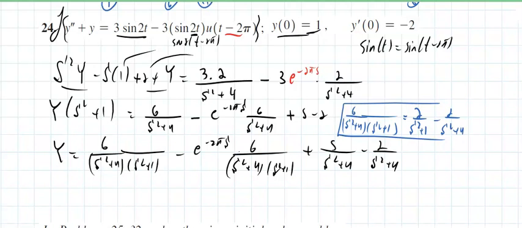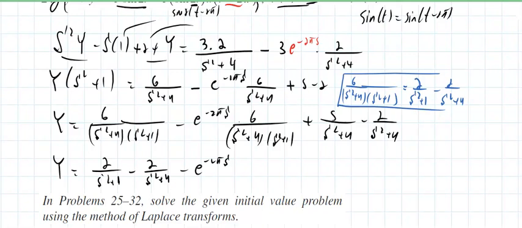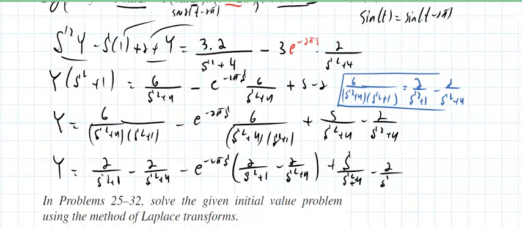So if I plug that in, I'm really looking at Y equals 2 over s squared plus 1 minus 2 over s squared plus 4, minus e to the negative 2 pi s times 2 over s squared plus 1 minus 2 over s squared plus 4, plus s over s squared plus 4 minus 2 over s squared plus 4.